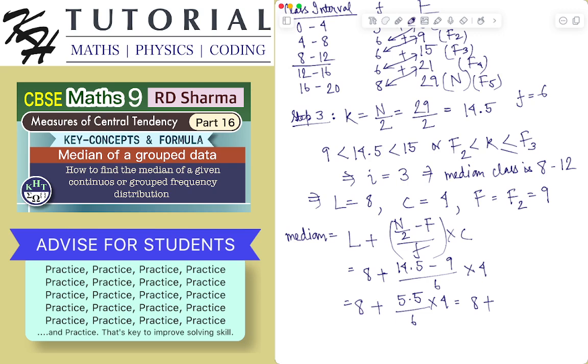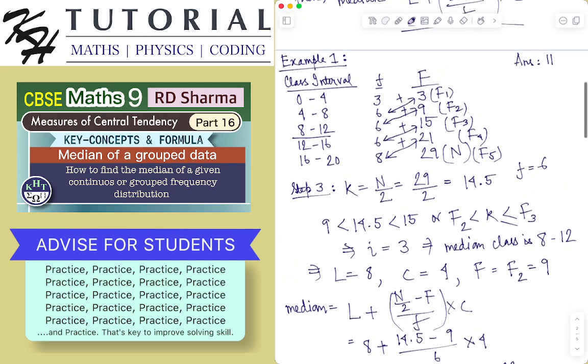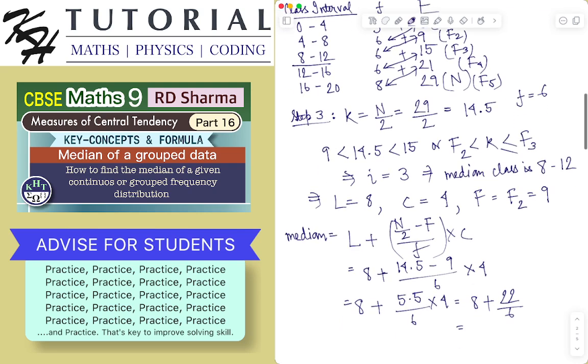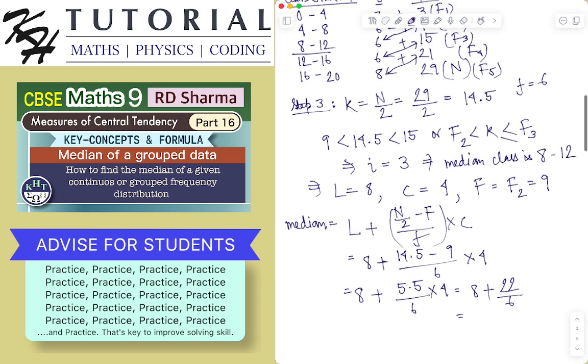So this is 8 plus 22 by 6, and the answer is given to be 11. How can it be exactly 11? So this is 8 plus 3.66. The answer is coming to be 11.66.